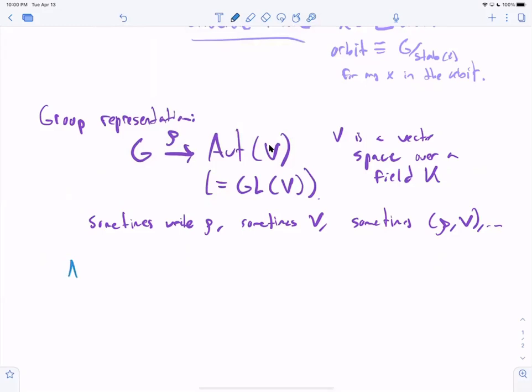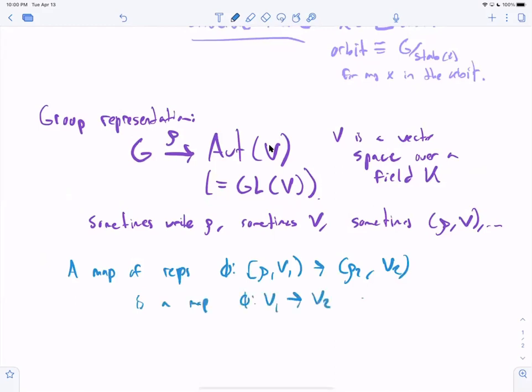A map of representations, phi from rho_1, V_1 to rho_2, V_2, is a linear map of vector spaces such that it commutes with the G action.